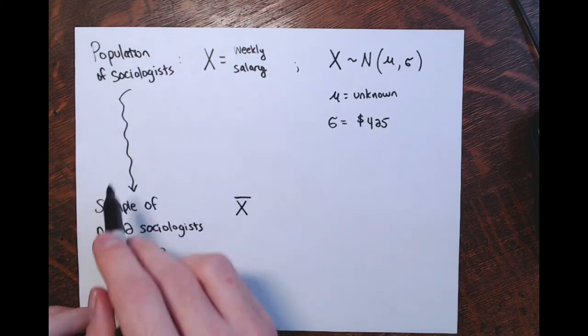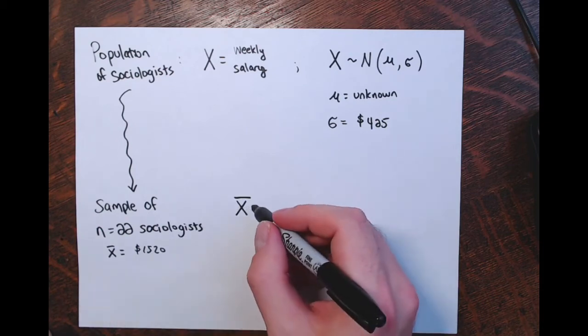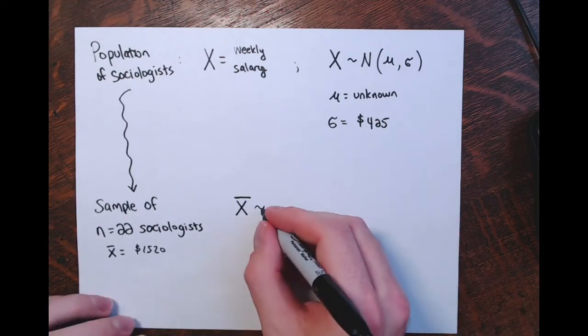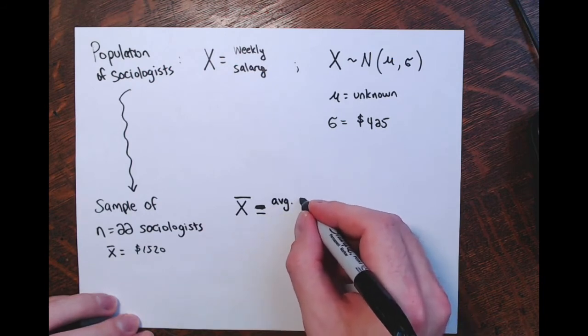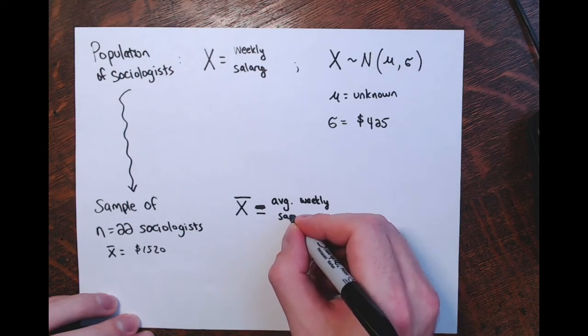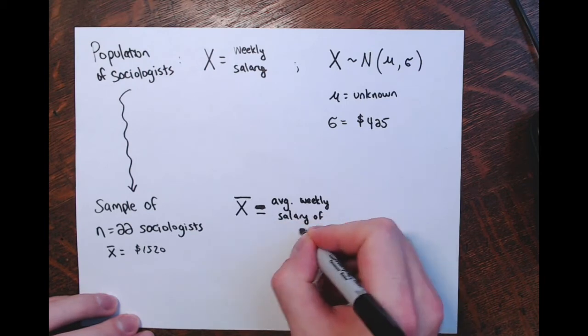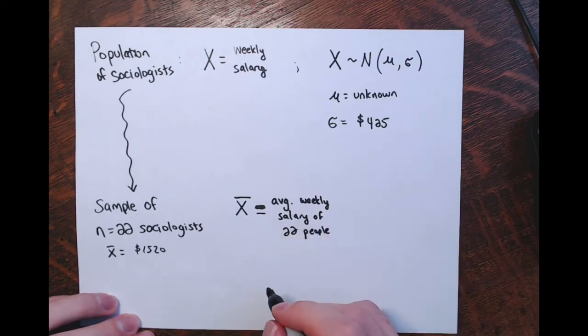Again, imagine you could take all possible samples of size 22, all possible groups of 22 sociologists, and look at their average salaries.